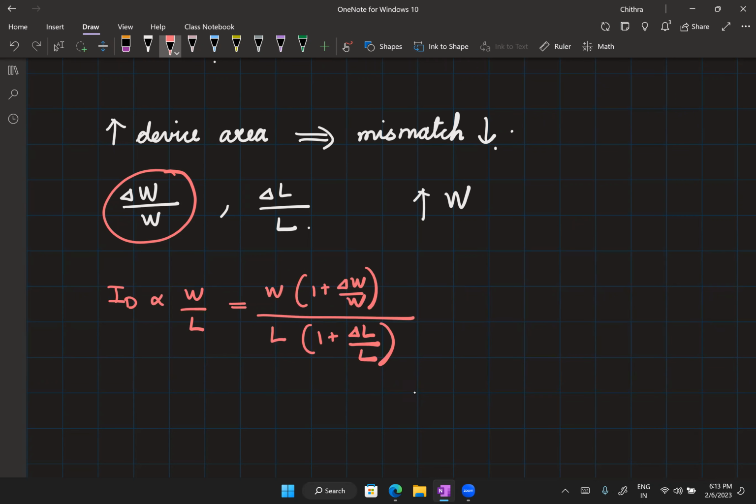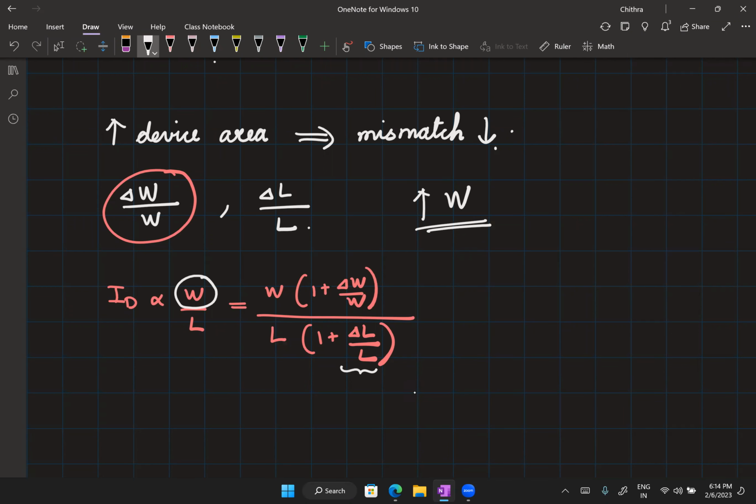So if I increase my W, you can see that this numerator is likely to tend towards the ideal value we expect. Okay. But why should the variation of delta L by L also reduce when I increase my W?